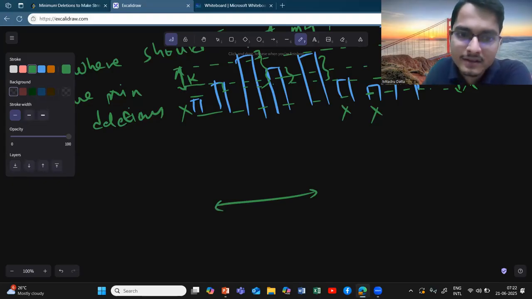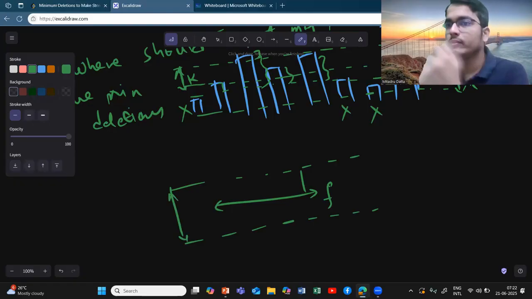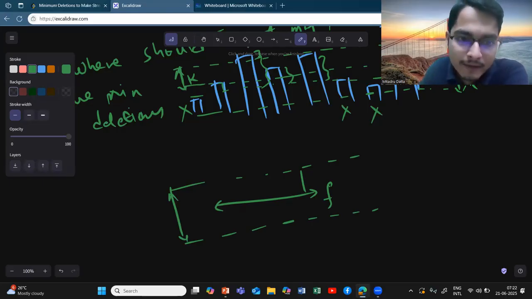This is nothing but a horizontal line in the bar graph. So you consider this as a target frequency, and your window is within this range. You want some fixed value which you need to iterate, right? So you need some f, and this is your window length k.